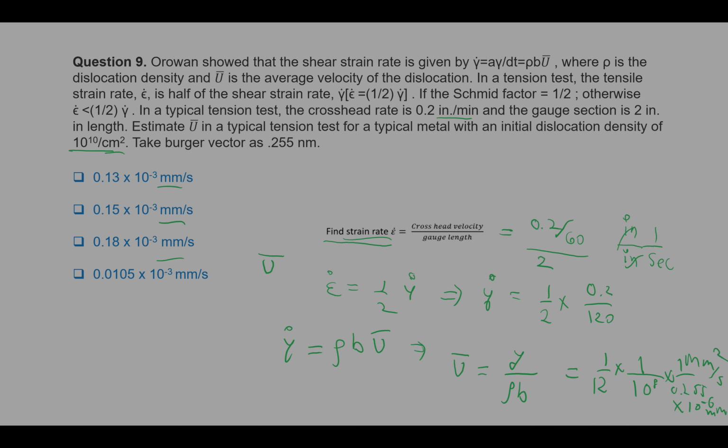Then after this calculation, we'll get the value approximately 0.13 into 10 to the power minus 3 mm per second. It is a rate, so velocity.